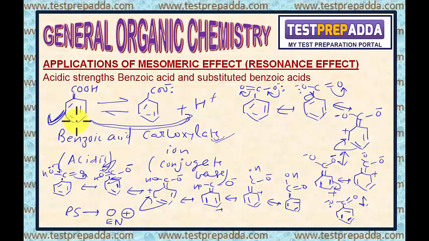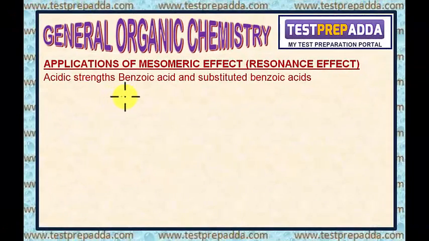My point is clear? So this way we explain the acidic character of benzoic acid. Acidic character of benzoic acid is explained by the resonance stabilization of carboxylate ion, benzene carboxylate ion. My point is clear. Now I will compare the benzoic acid with aliphatic acid. If I write the benzoic acid, it is this.